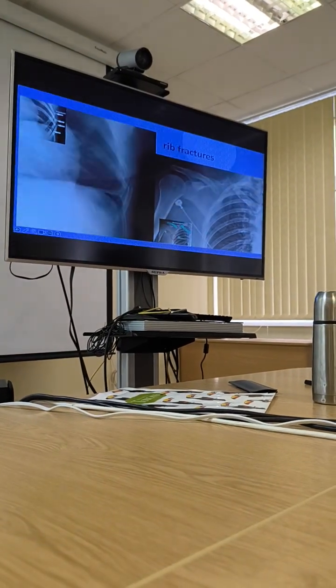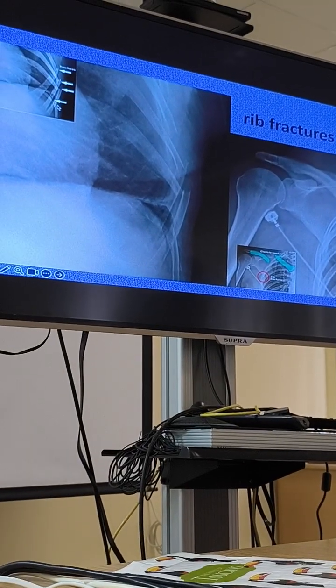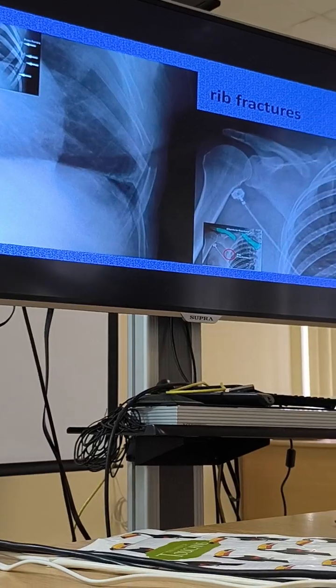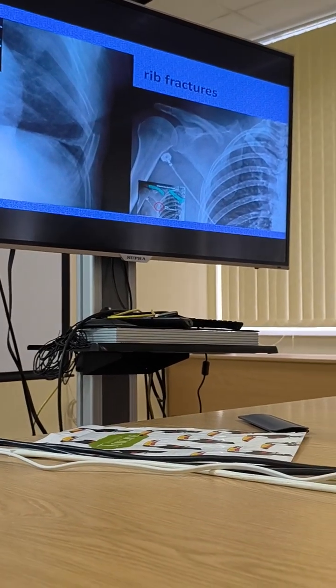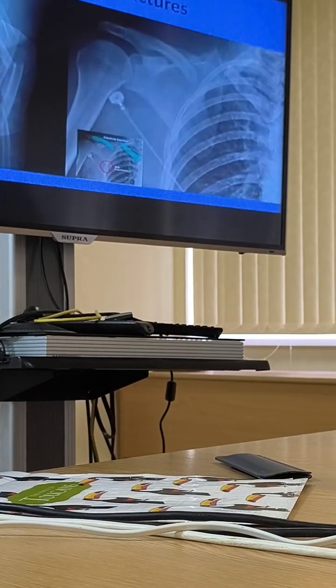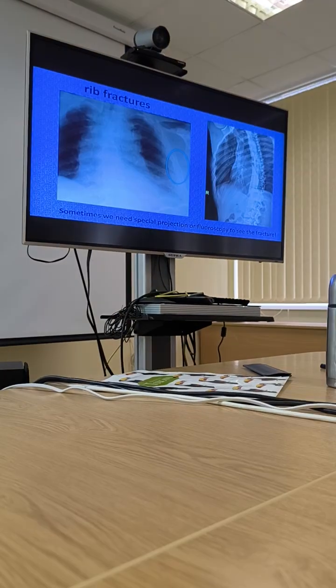So what do we see? Fracture line and bone displacement. But pay attention that a rib has a very specific shape, and to see it well you need to have a good projection. What do we need to do?